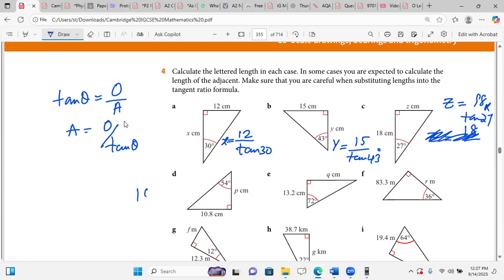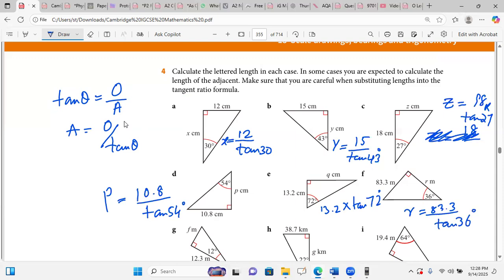Then 10.8 divided by tan 54 should be taken for the calculation of P over there. Here he is asking for opposite now, and because opposite side of angle is needed, you will use here 13.2 multiplied by tan 72 degree. And for this one, he needs adjacent now. R is equal to 83.3 divided by tan 36 should be taken into account.